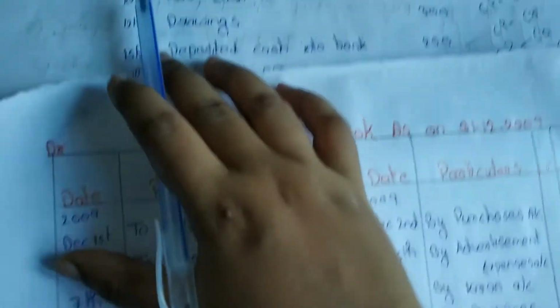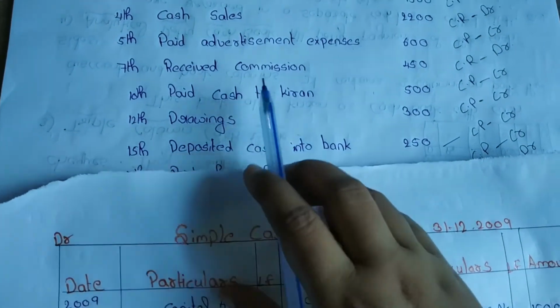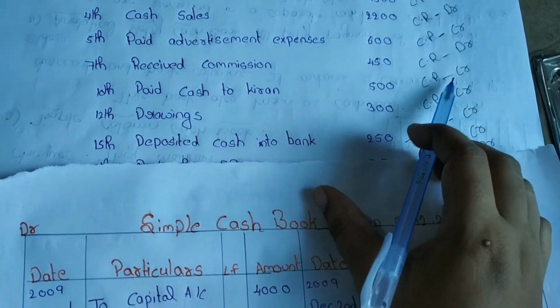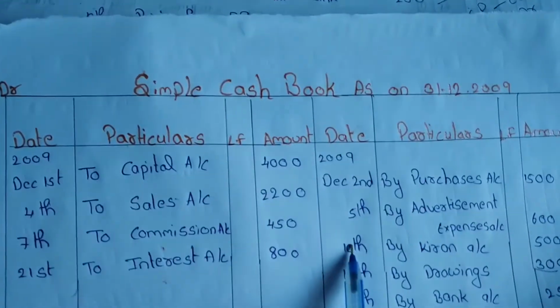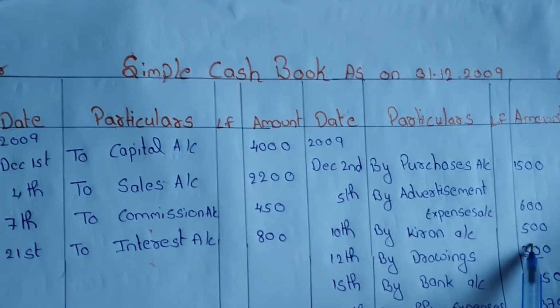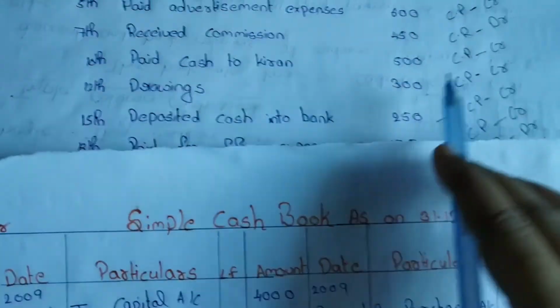Next one, 10th, paid cash to Kiran. We paid cash to Kiran, so it should be recorded on the credit side. On 10th, by Kiran account 500, because it was a payment. On 12th, drawings 300.